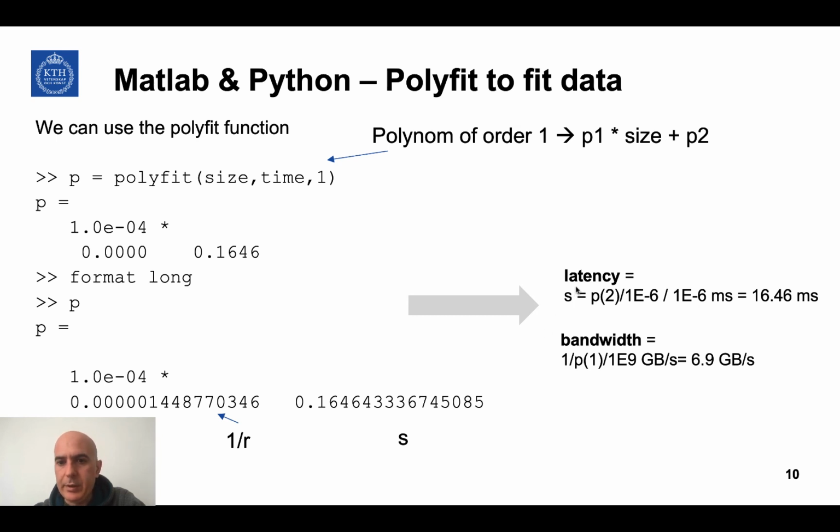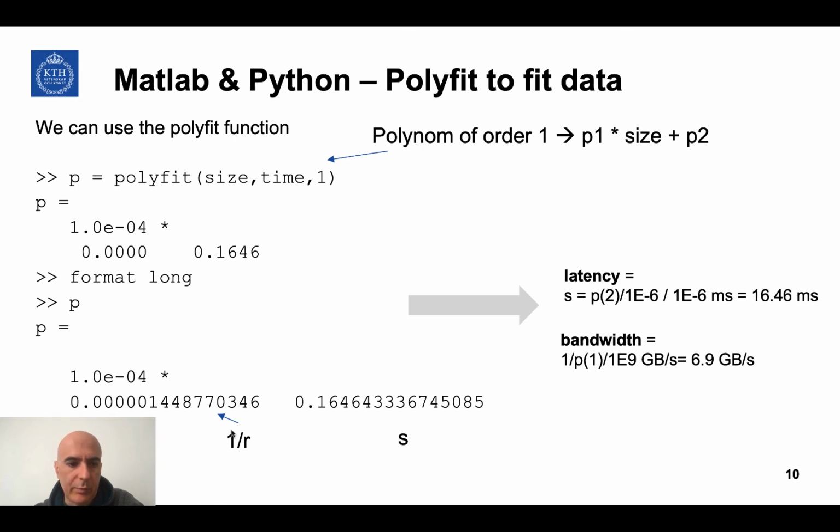Our latency, according to this best fit, is p2, that is this number, and when we want to express it in microseconds, we divide by 10 to the minus 6, so we get that latency is 16 microseconds. For the bandwidth, we need to take r and take the inverse of this.